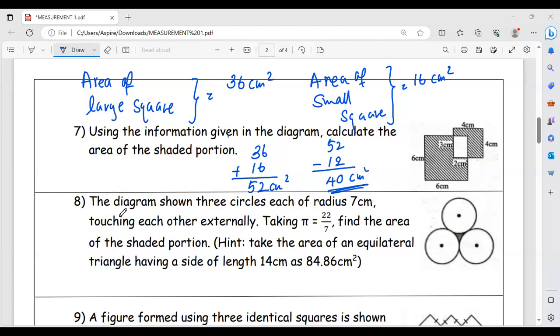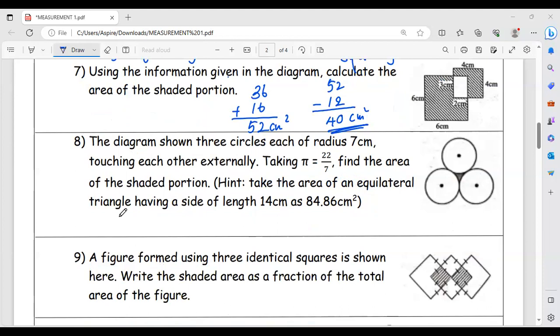Okay. 8.1. The diagram shows 3 circles each of radius 7 centimeters, touching each other externally. Taking pi equals 22 upon 7, find the area of the shaded portion.